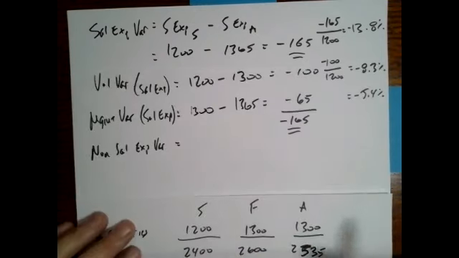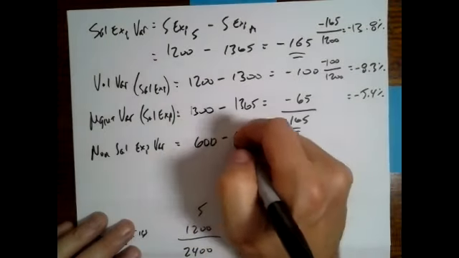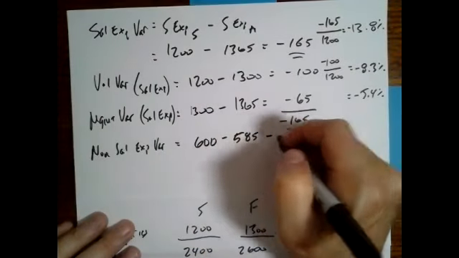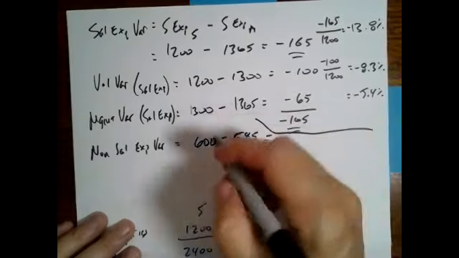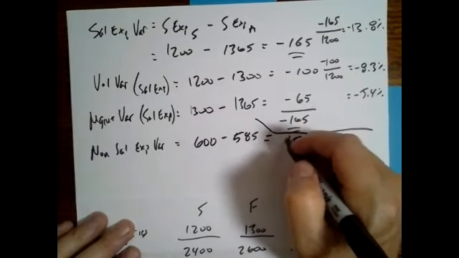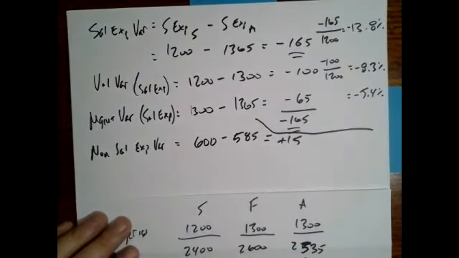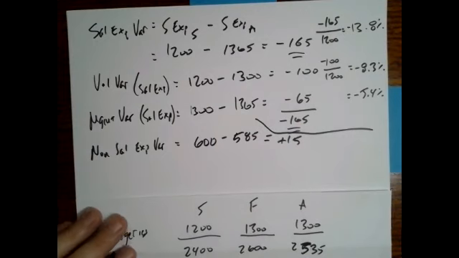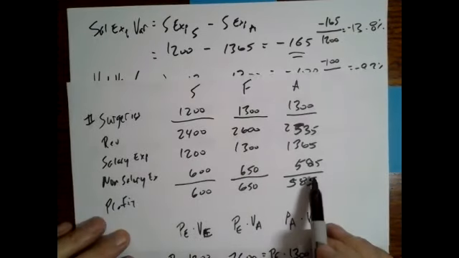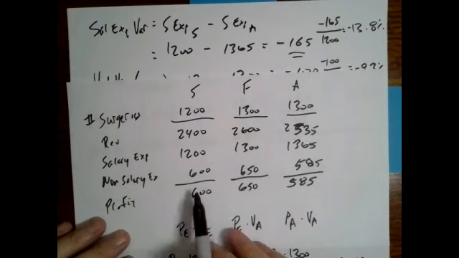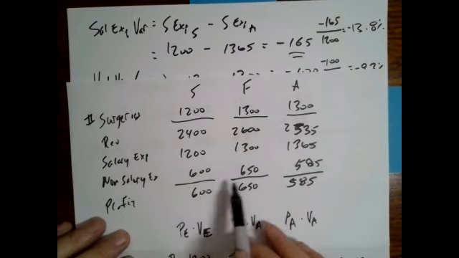So 600 minus 585. That leaves us a positive 15 variance. So overall we spent 15,000 less on non-salary expenses than we thought we would.